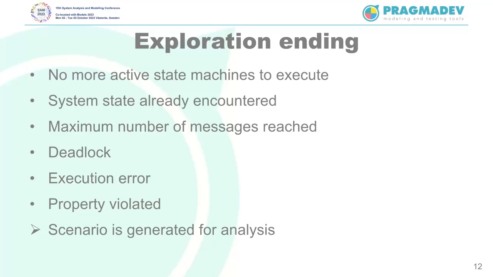Or properties violated, of course. It's also something we are interested in. And in any case, a scenario will be generated to go back a path that will lead to one of these problems, and you can then analyze.